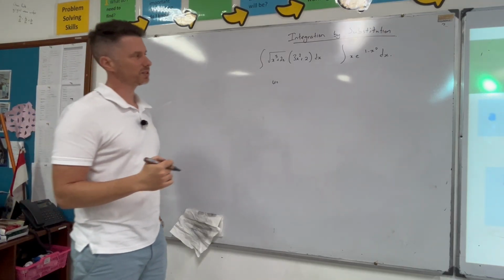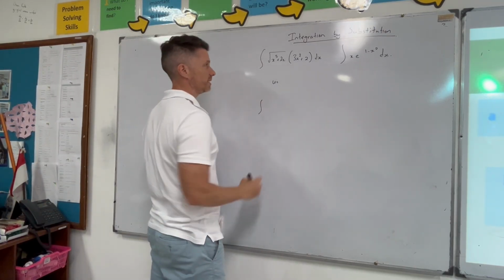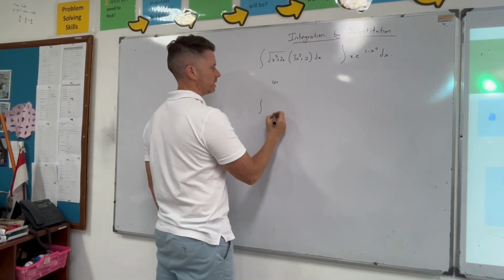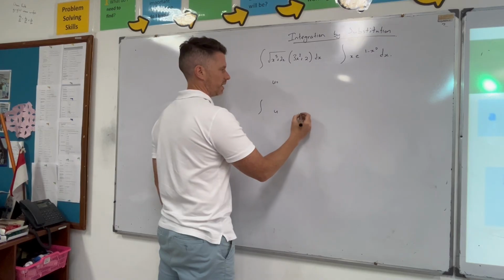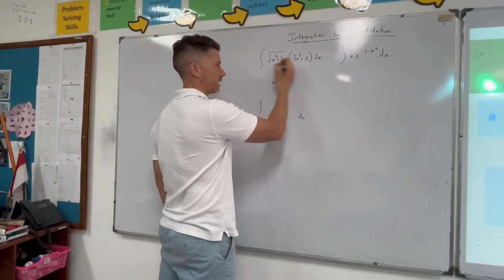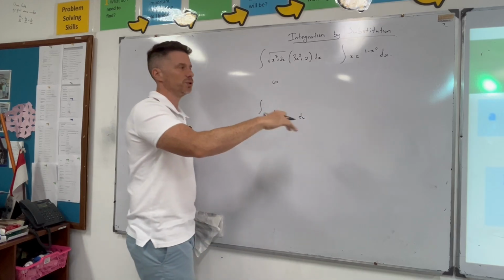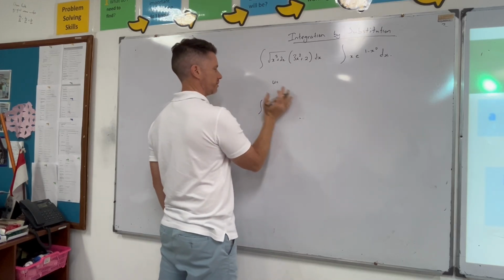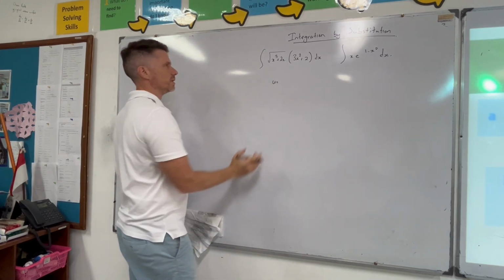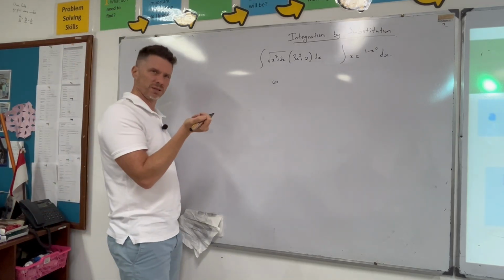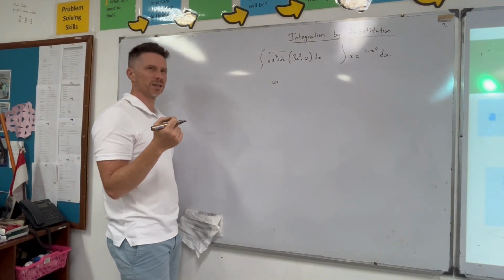Mid-way through this, I'm going to integrate something a lot easier in terms of u. So that means I have to have u and du instead of x and dx. Little changes in u, this new function, instead of little changes in x. That's where the derivative comes in, because remember dy over dx.